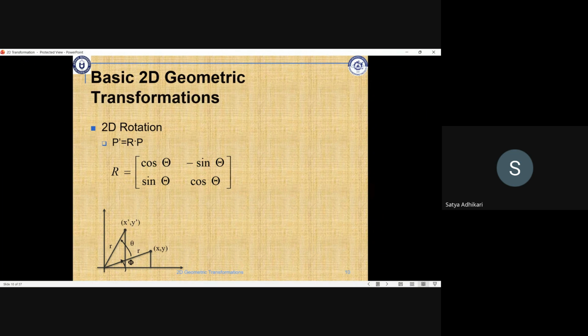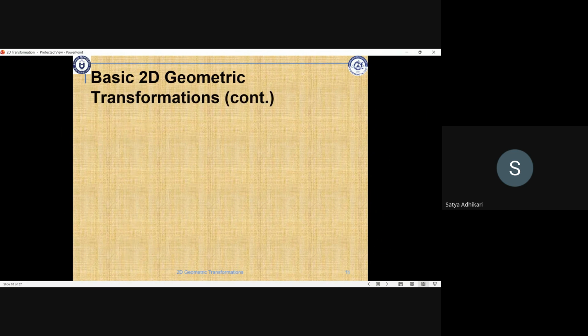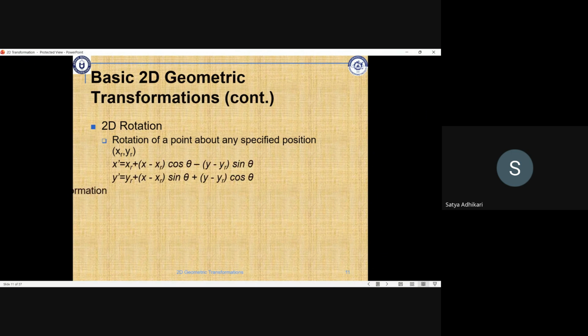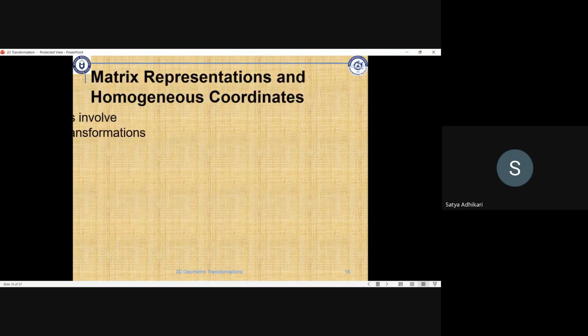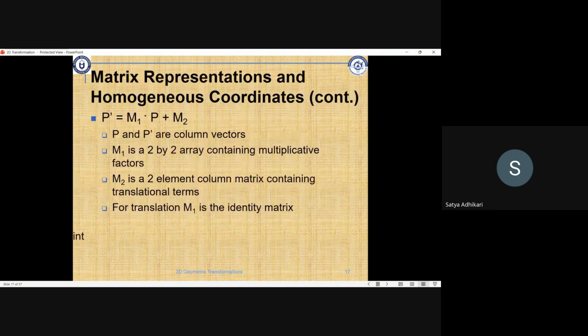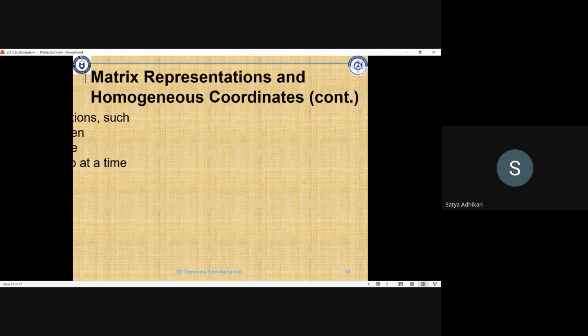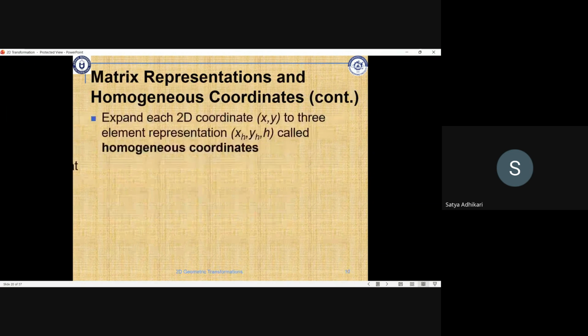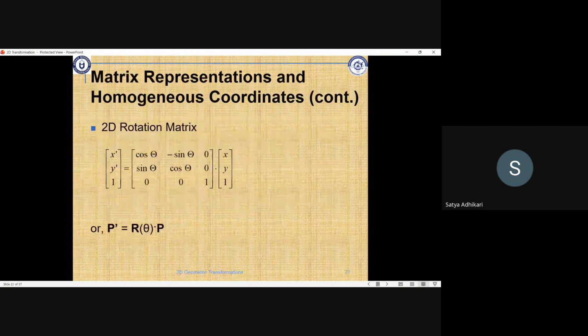The same can be expanded into a matrix of order 3, 3 cross 3. You will get the same result, but that is the representation in homogeneous coordinates.